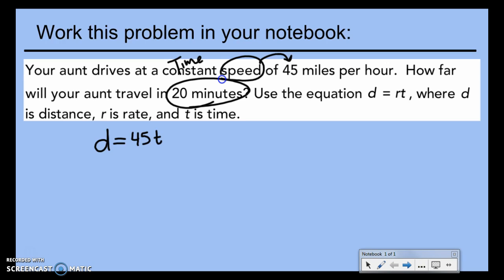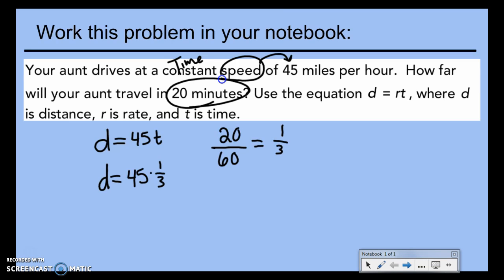So 20, and there's 60 minutes in an hour, so you do 20 divided by 60, and that gives you 1/3. So now you have D equals 45 times 1/3.